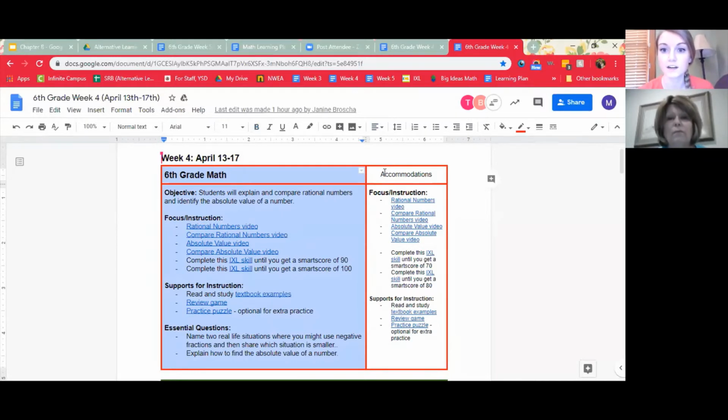Over here, those of you that are typically used to modifications or are on an IEP, anything like that, you should be doing this column. If you are not on an IEP, then you're doing the stuff on the left. Some of you seem to have gotten a little confused on which one to do, so I just wanted to clarify that for you real quick.